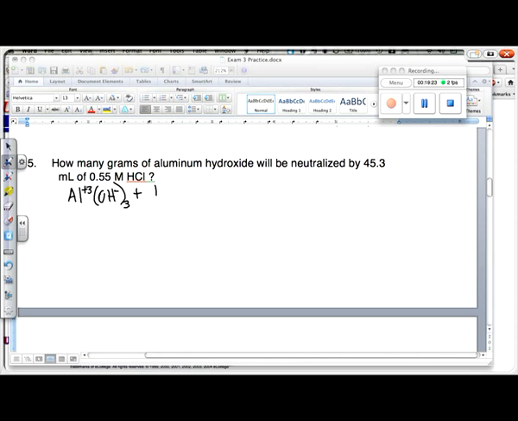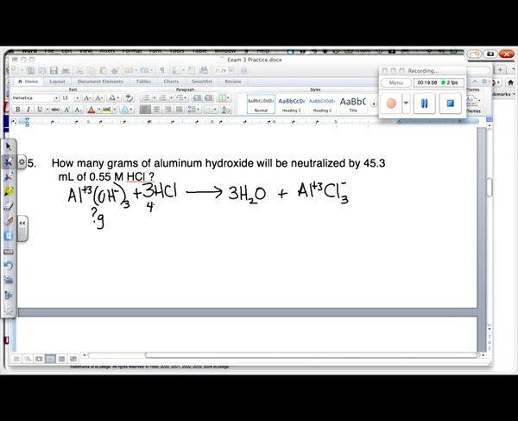HCl. Okay, hydrogen goes with the OH. I see I have 3 OHs here, so I know I'm going to make at least 3 waters. And the other product is aluminum chloride. Aluminum plus 3, chlorine minus 1. I need 3 of those. So 3 chlorines. So if I put a 3 here, 3 hydrogens plus 3 hydrogens is 6. And then there's the 3 oxygens. So we're all balanced.